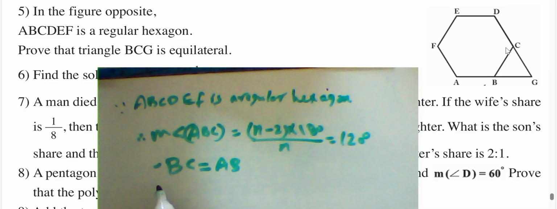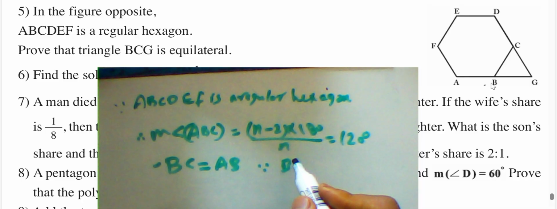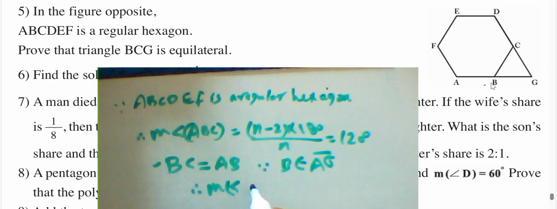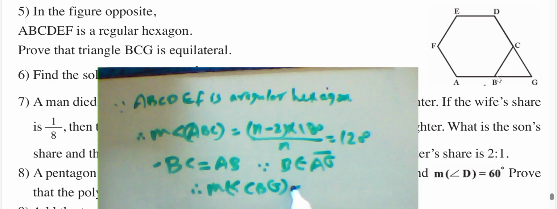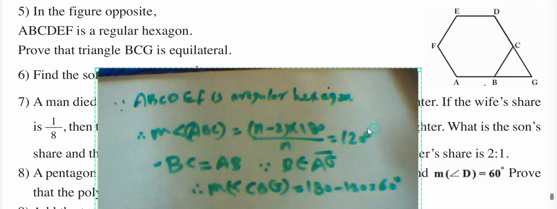This angle here is also 120. Such that the point B belongs to the line segment AG, then the measure of angle CBG equals 180 minus 120, which equals 60 degrees. Then the measure of the angle here is 60 degrees.